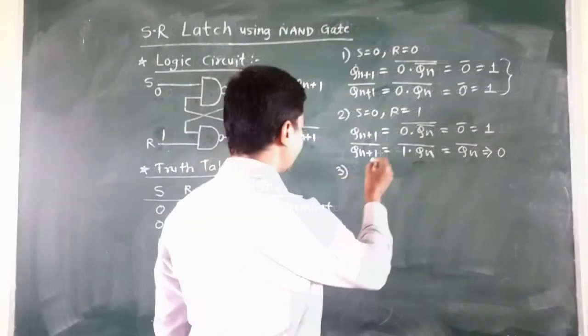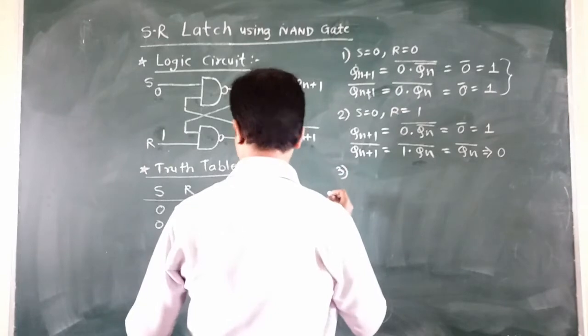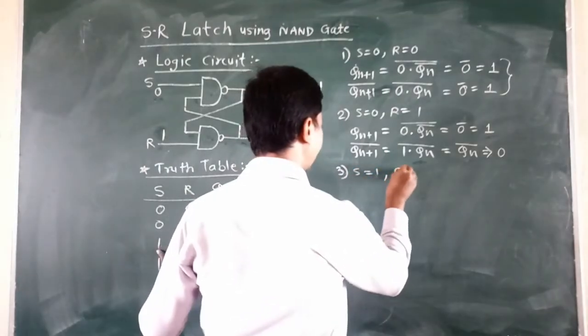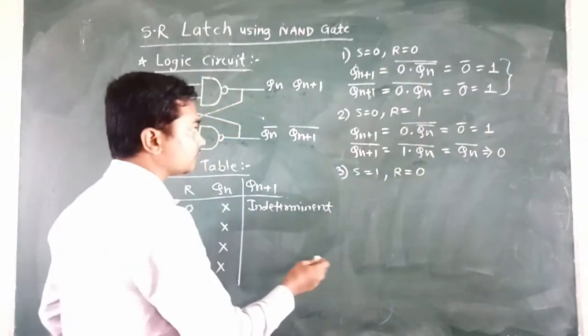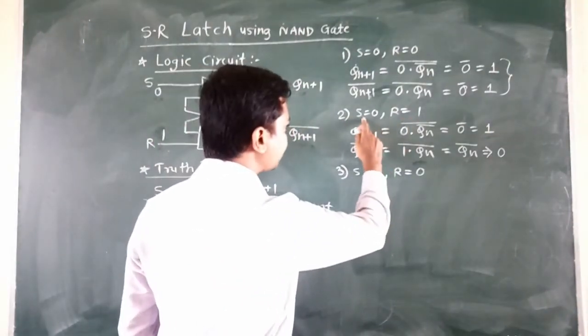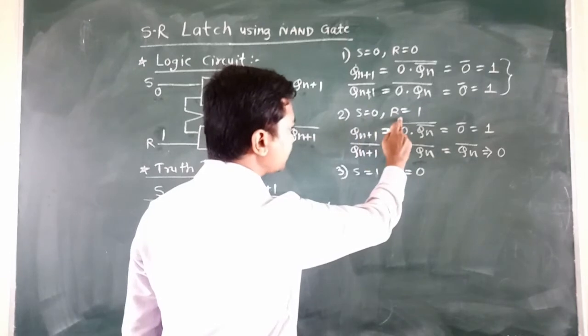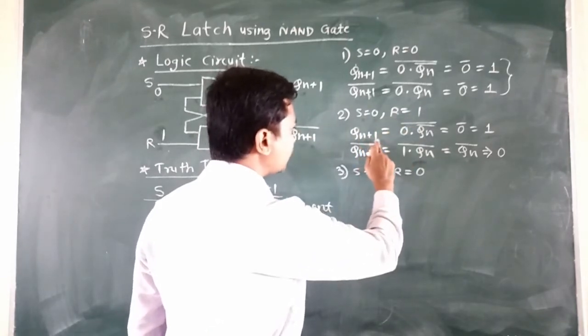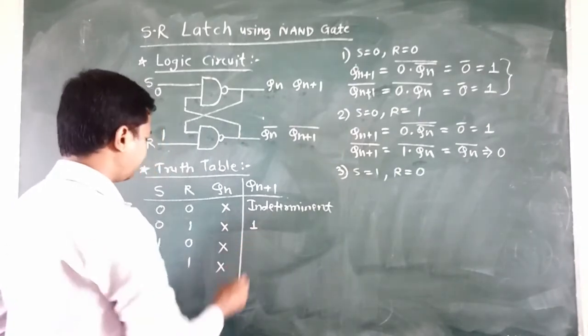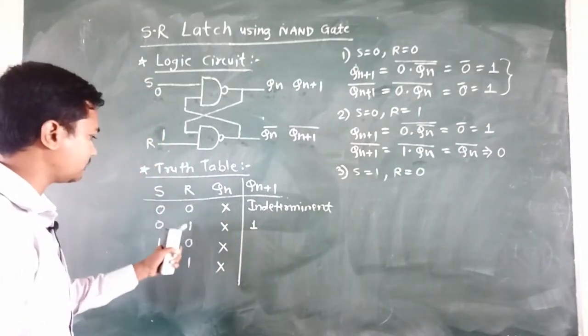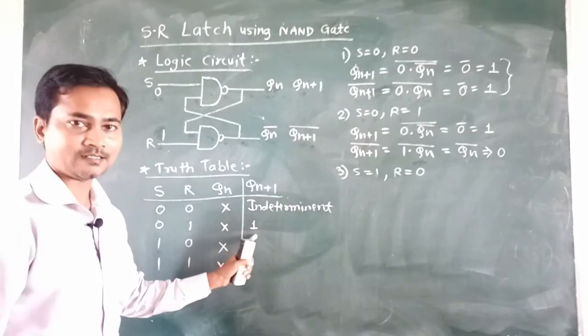Now the third case is S equal to 1 and R equal to 0. In the second case, when S equal to 0 and R equal to 1, the Qn plus 1 output was obtained as 1. That means when S equal to 0 and R equal to 1, the Qn will be set.